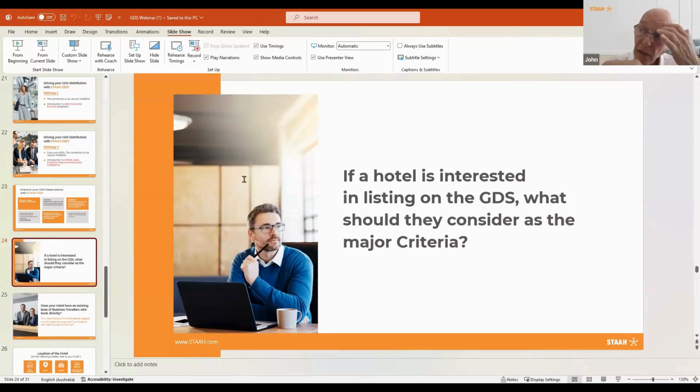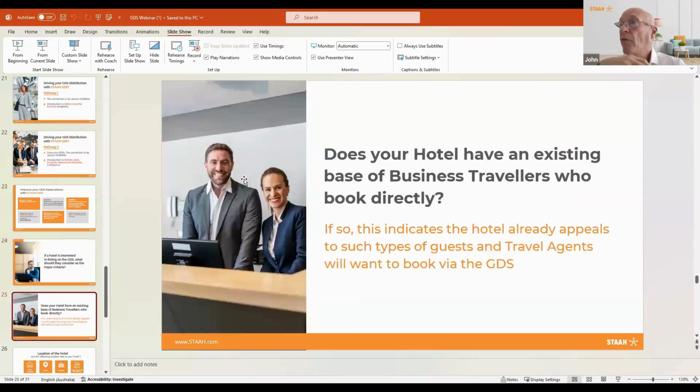If a hotel is interested in listing on the GDS, what should they consider as the major criteria? Okay, first and foremost, does your hotel have an existing base of business travelers? Let's say you're not on the GDS. Do you have a base of business travelers who book directly with you?